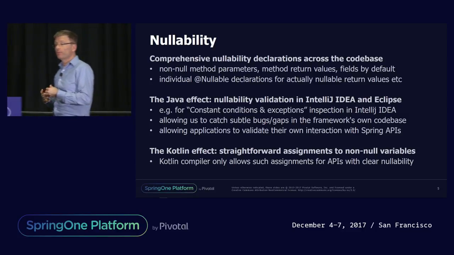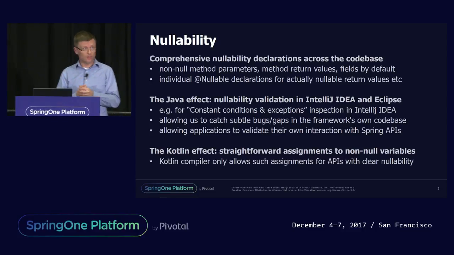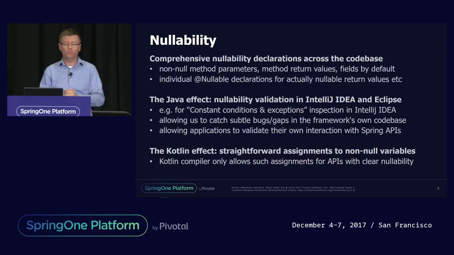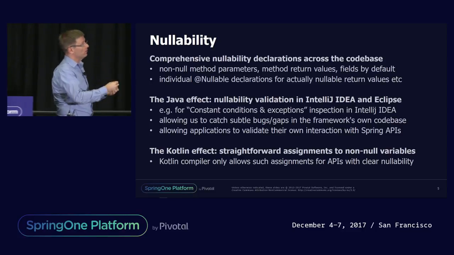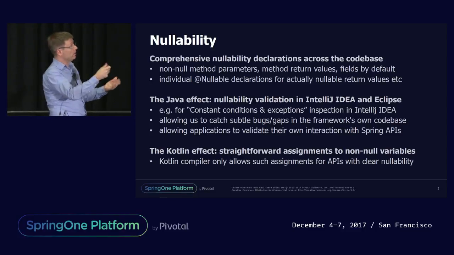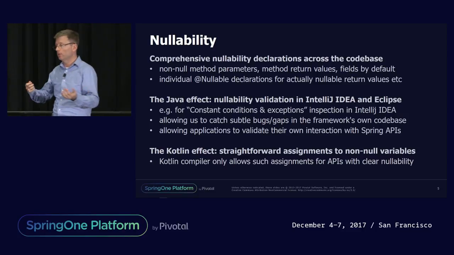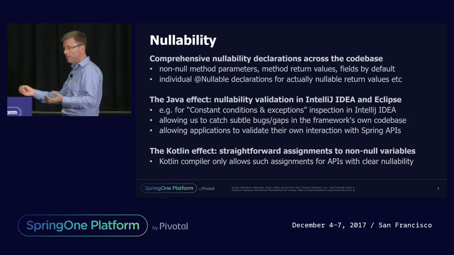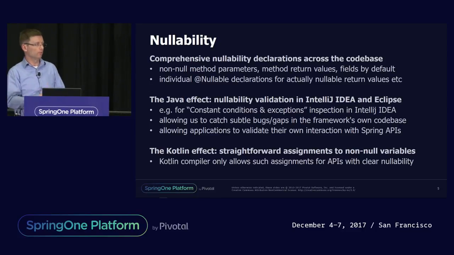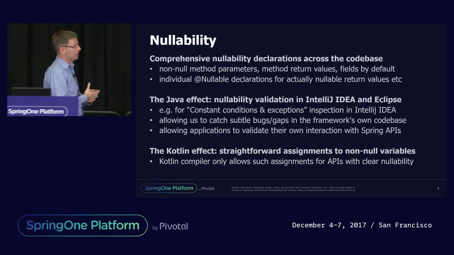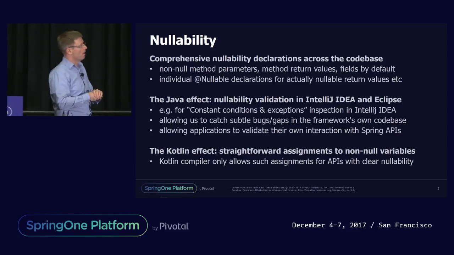It also shines through to applications. So from Java application code, calling into Spring APIs now, you could turn on those validations in IDEA yourself, right? So if you're calling bean factory get bean, there's a clear nullability rule to it now. In a regular case, it's a non-null result in Spring Framework 5 now.